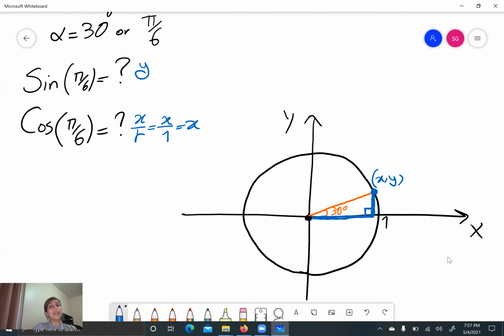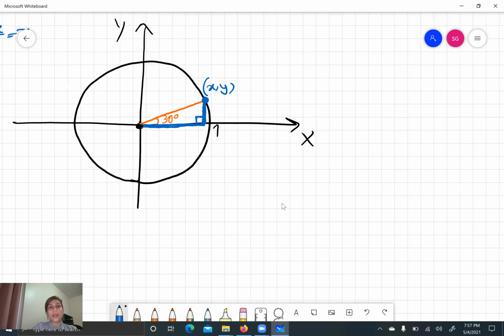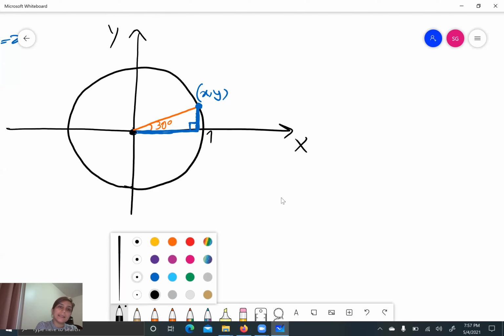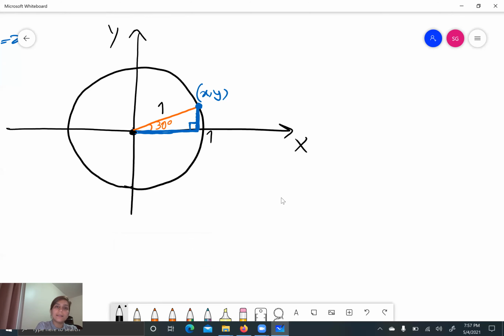Now we need to recall our knowledge from geometry. This is the right triangle, and we know that this is 1, this is x, this is y, in terms of the triangle. How can we calculate x and y?